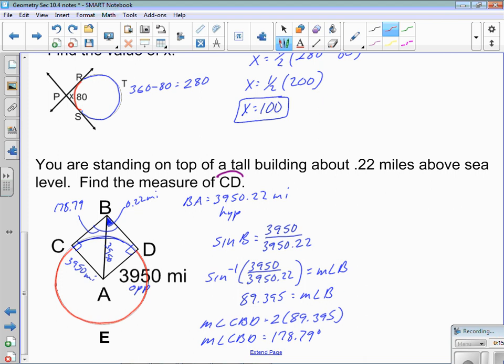But if we say the measure of arc CD we call X, then the measure of arc CED would be whatever's left once we subtract X from 360.